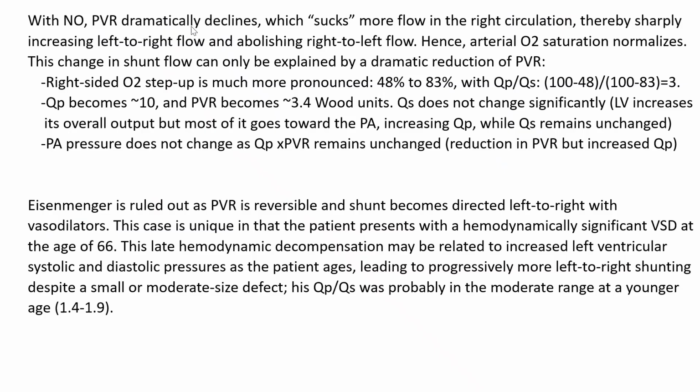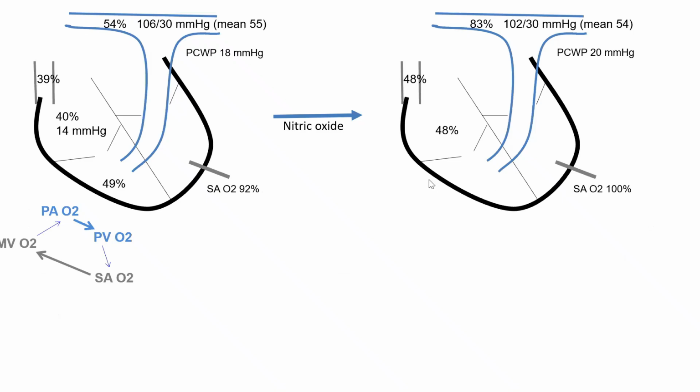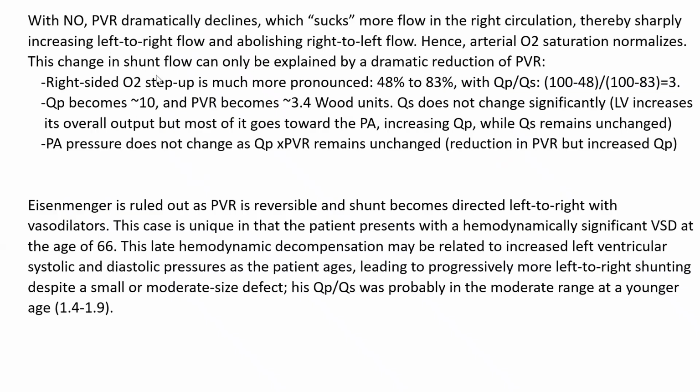So with NO, PVR dramatically declines, which sucks more flow into the right circulation, thereby sharply increasing the left to right flow and abolishing the right to left flow. Hence, arterial O2 saturation normalizes. You have no longer a right to left shunt. This change in shunt flow can only be explained by a dramatic reduction of PVR. Right-sided O2 step up is much more pronounced, and now the QP:QS is equal to 3.